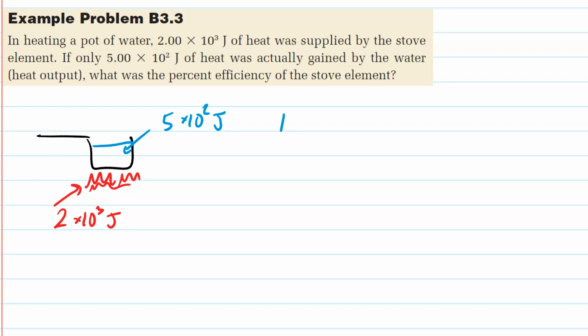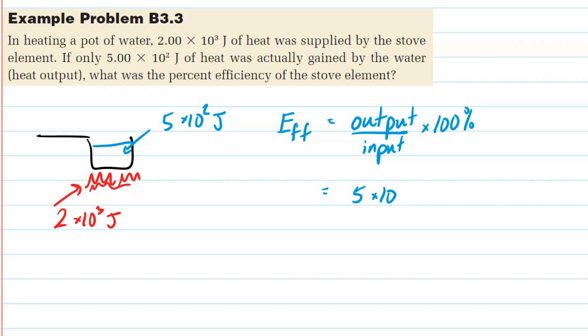So if we're calculating efficiency of the stove, efficiency is output over input times 100%. The output is 5 times 10 to the 2, whereas the input is 2 times 10 to the 3, and we multiply it by 100.